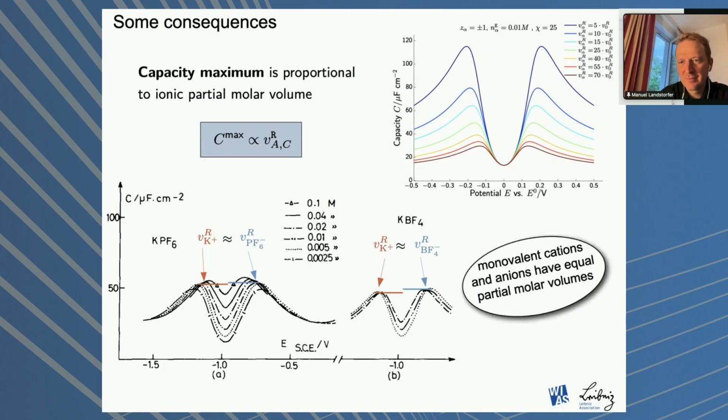Several data sets suggest that monovalent cations and anions really do have the same partial molar volumes. Maybe there are slight differences, but in general they have almost the same value. The solvated ones, not the bare ions.